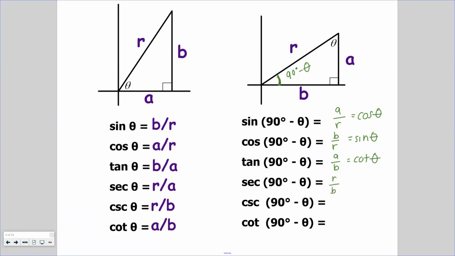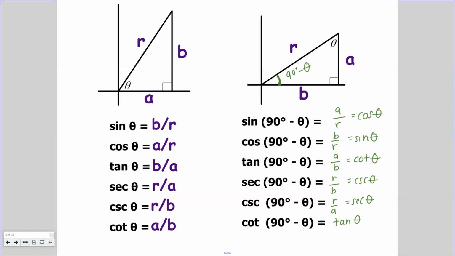We called r over b, though, the cosecant of regular theta. Cosecant of 90 minus theta is the reciprocal of sine, so that's r over a, but we defined r over a also as just the secant of theta. So last and best guess as to what the cotangent of 90 minus theta is going to be. Right, that's just the tangent of theta.